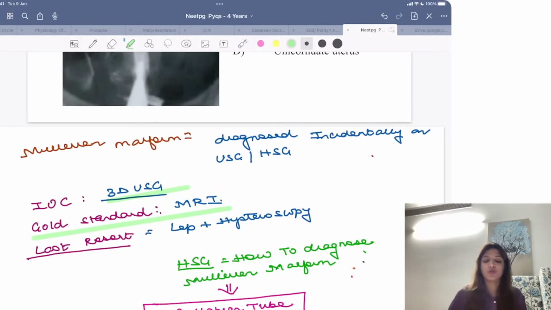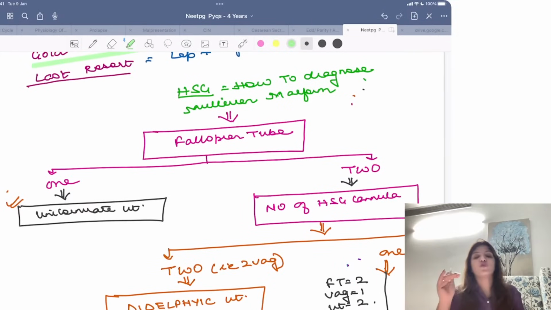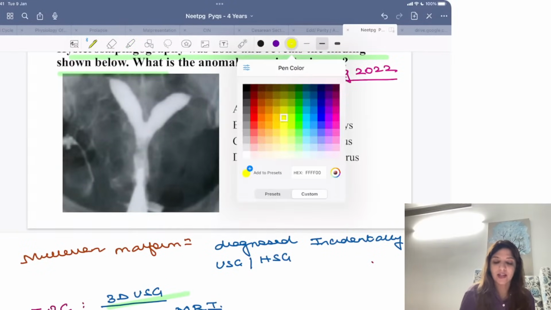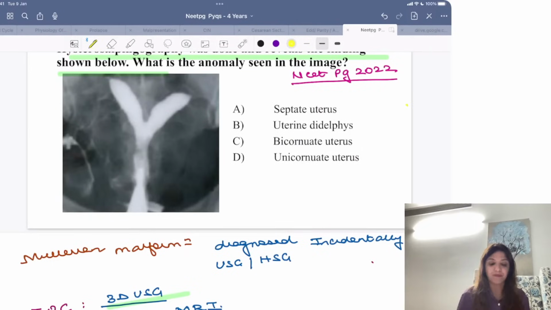But still they are going to give you HSG images and they are going to ask you to identify the Mullerian malformation. You are going to use the following algorithm which I have taught you in Marrow to identify which Mullerian anomaly it is. Whenever you get an HSG, the first thing which you have to see with respect to Mullerian malformations is, can you see two fallopian tubes or one?